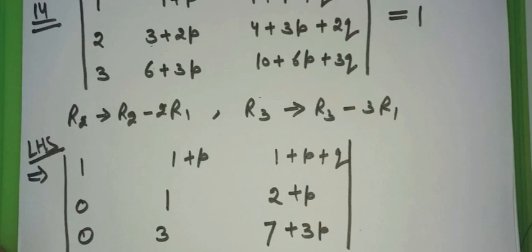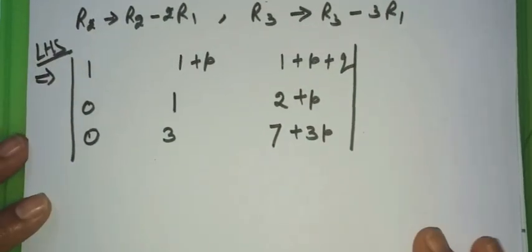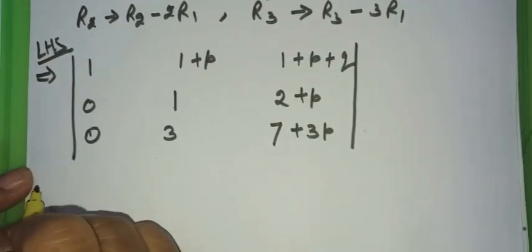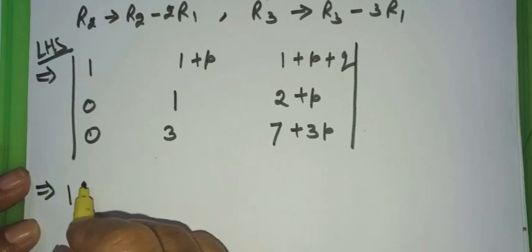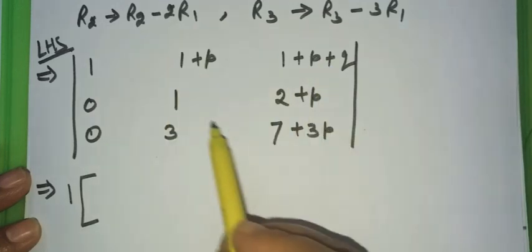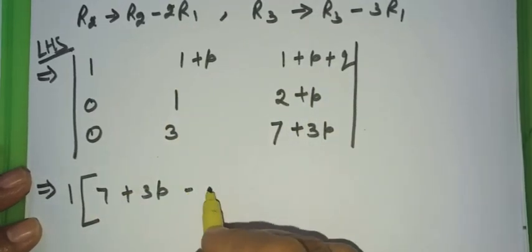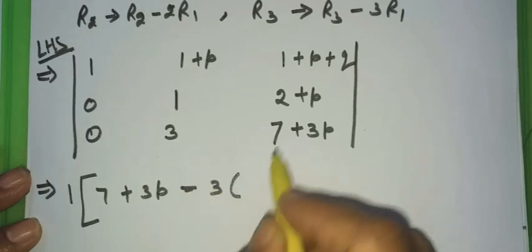Now expanding this determinant along the first column. So we know that the second and third elements of the first column are 0. So we get 1 into, neglecting the column and the row in which 1 lies, 1 into 7 plus 3p minus 3 into 2 plus p.